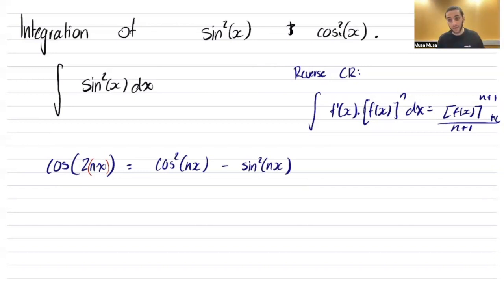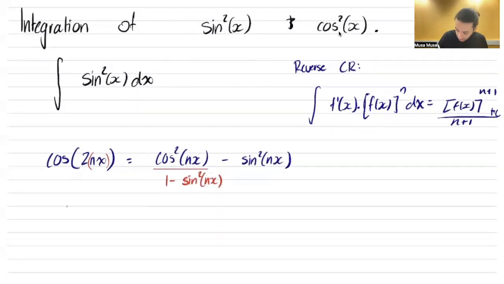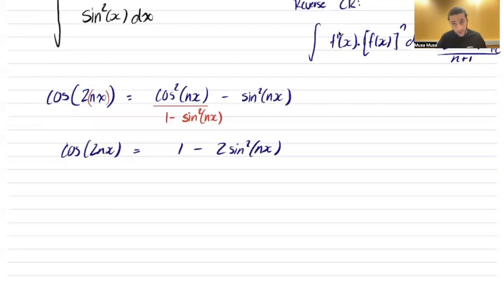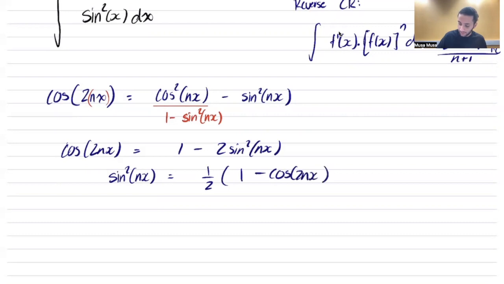Let's just rewrite this such that there's no cos squared. We'll write this as 1 minus sine squared nx. And I think we get cos 2nx equals 1 minus 2 sine squared nx. Rearranging, we get sine squared nx equals a half of 1 minus cos 2nx.